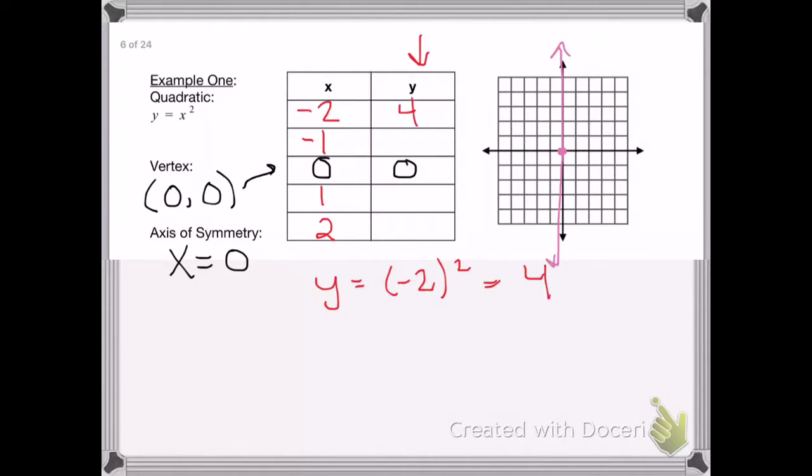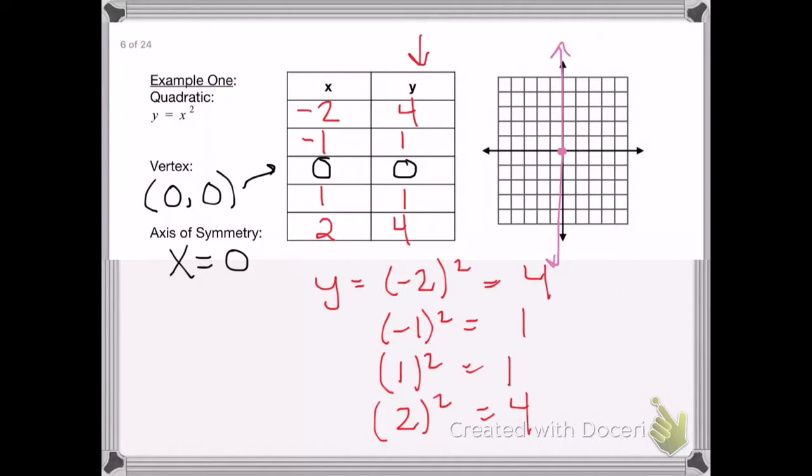Then -1 squared gets us 1. We already have our vertex. 1 squared gets us 1, and 2 squared gets us 4. All I'm doing is plugging it into my original. Feel free to use a calculator on that part, so you don't waste too much time on it.